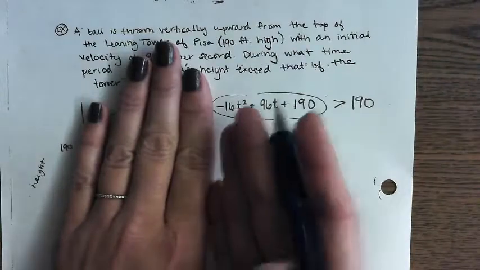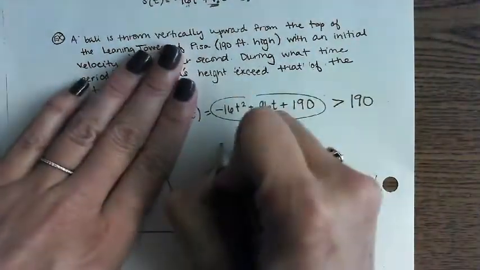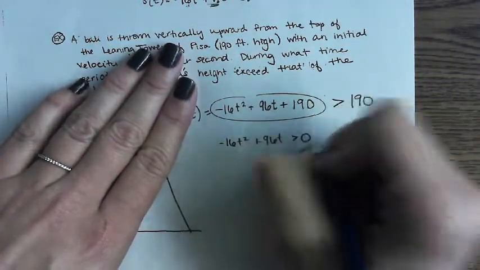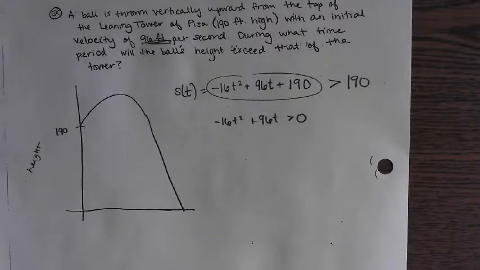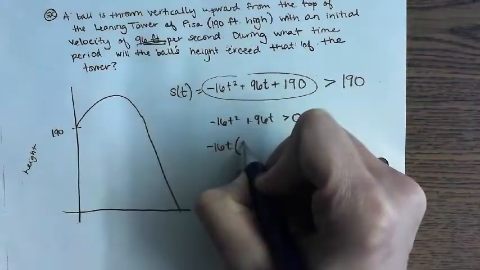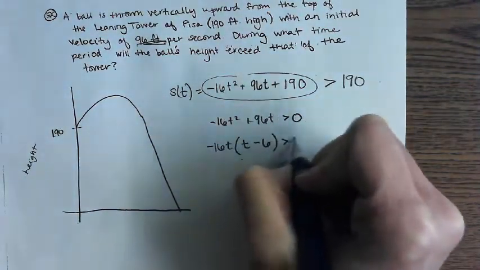And so, just like on the front side, solving a quadratic inequality, we still get it equal to 0. So subtracting 190 from both sides is an easy thing. I would say you're probably going to solve this by factoring, right? GCF of negative 16t, which leaves us with t minus 6.